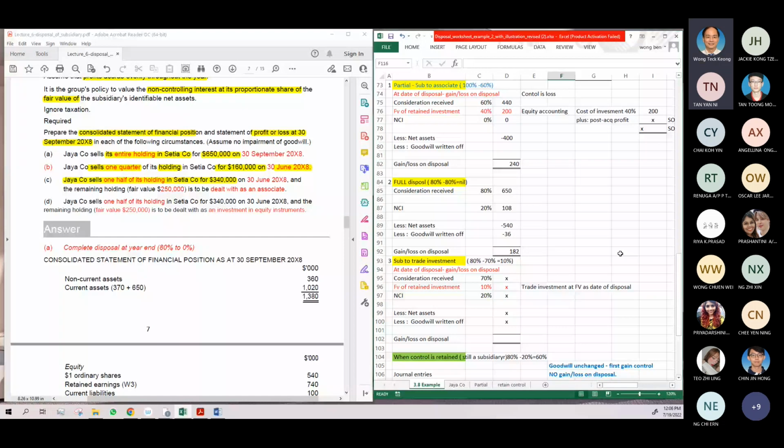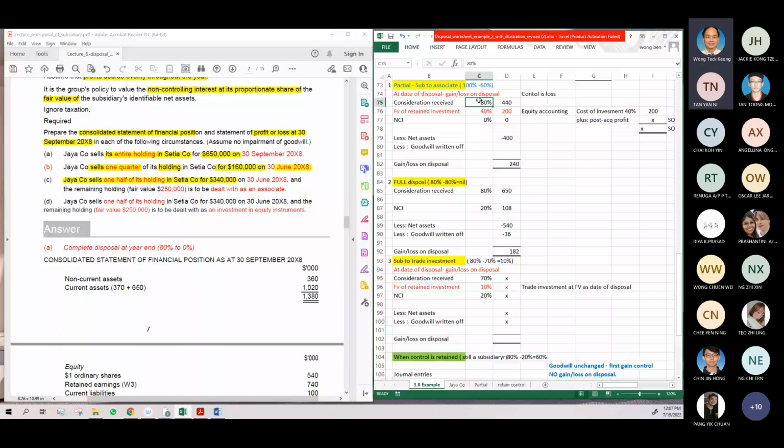Okay, good. In my understanding, you will get it wrong if you don't know how to compute, so you have to follow this method. Partial: you have the original 80%. Now we sold off half of it, 40%, so we keep 40%, and you have 20% NCI.